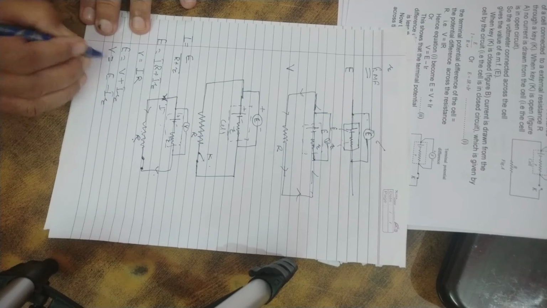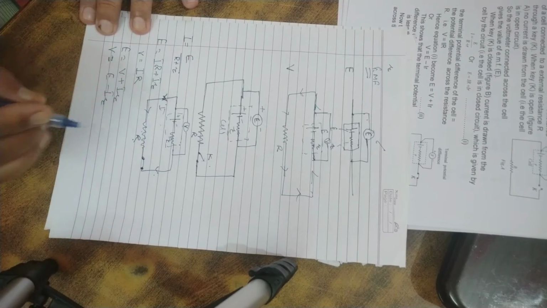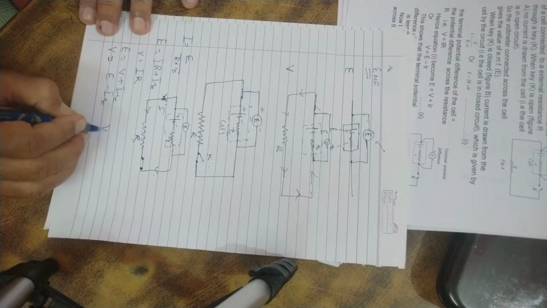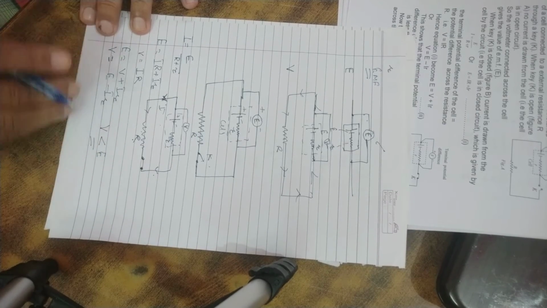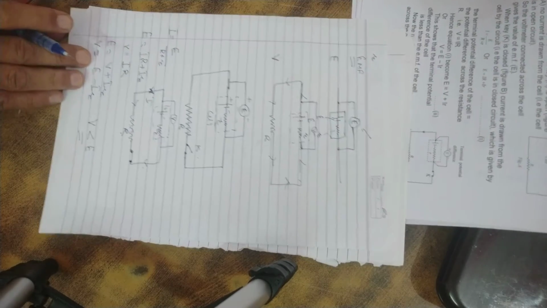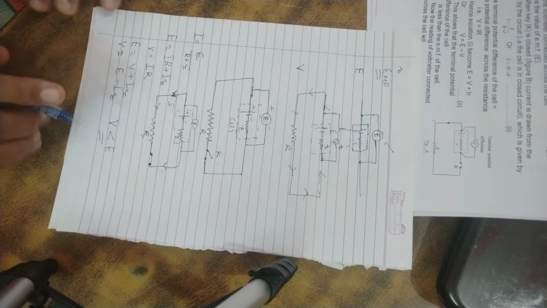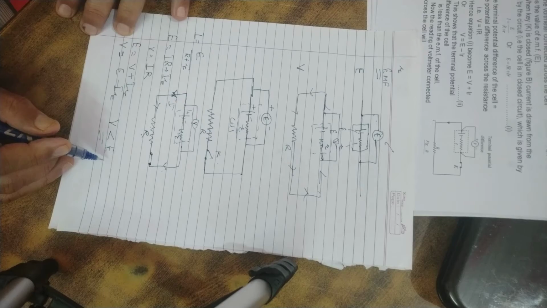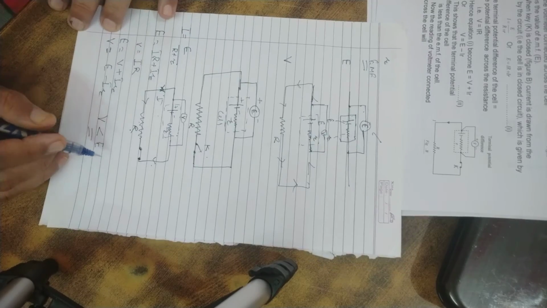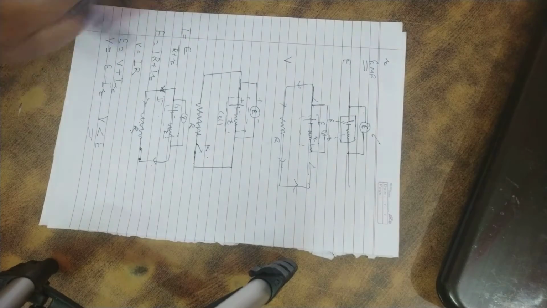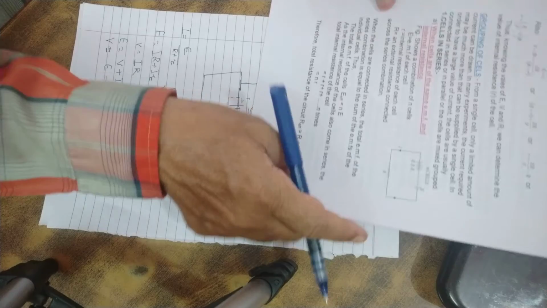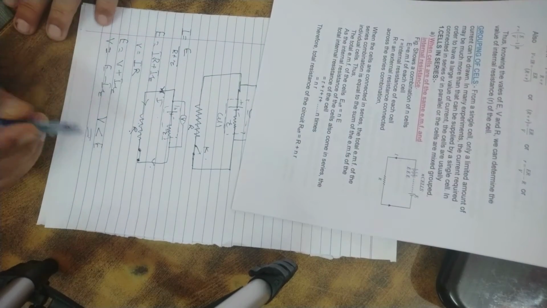Here we see when current is drawn from the cell, that when this cell is in the closed circuit, terminal potential difference is always less than EMF E of the cell. Okay.